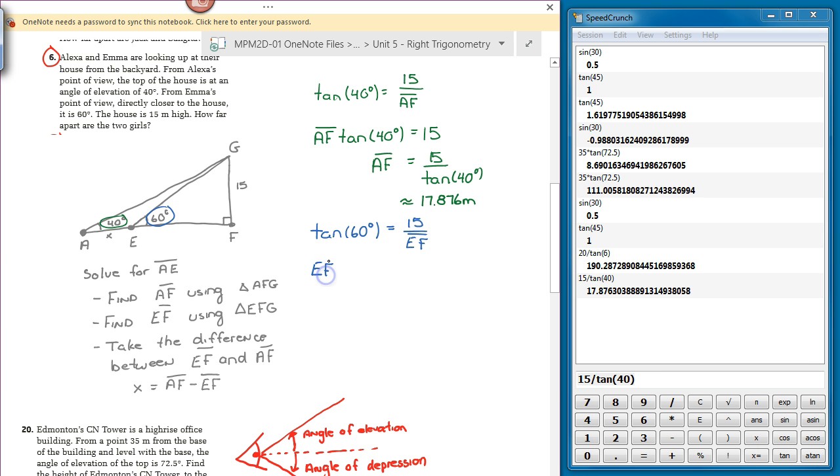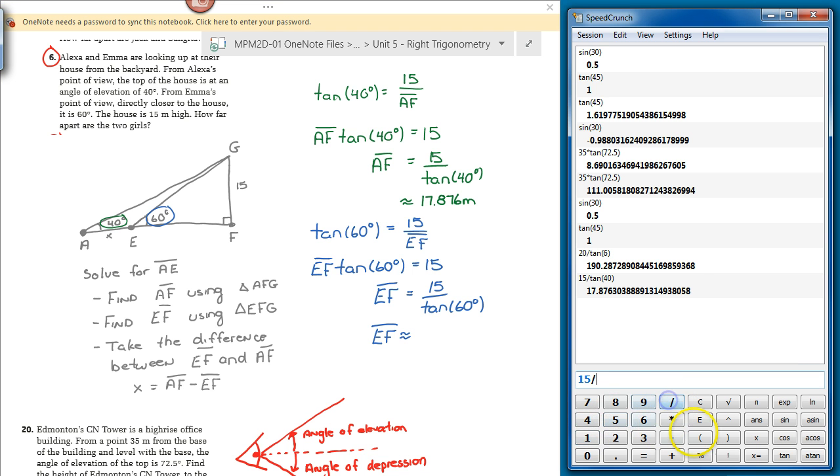We're going to multiply both sides by EF, and now we're going to divide both sides by tan of 60. And so we get EF is approximately equal to 8.660 meters. And this makes sense in context to our problem because we know that EF has to be shorter than AF.